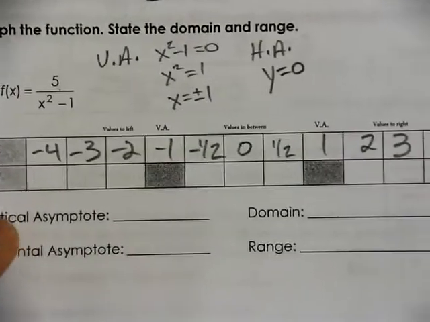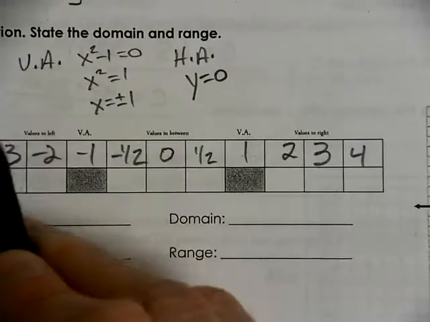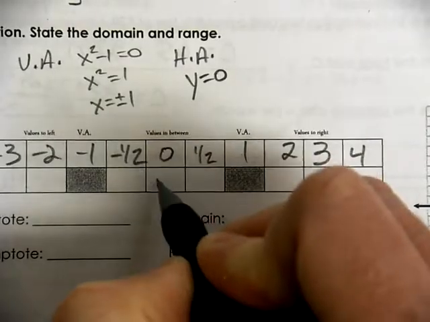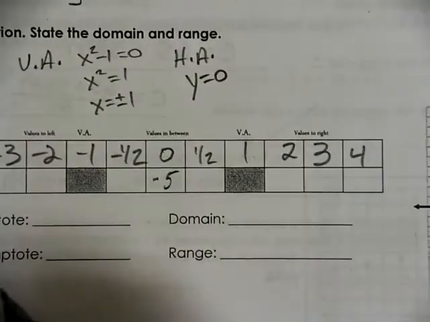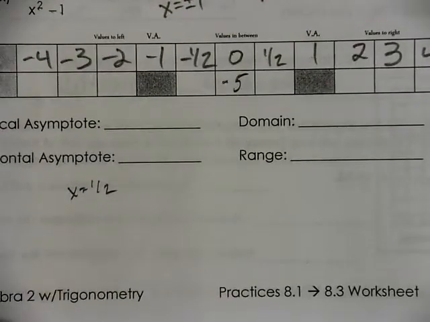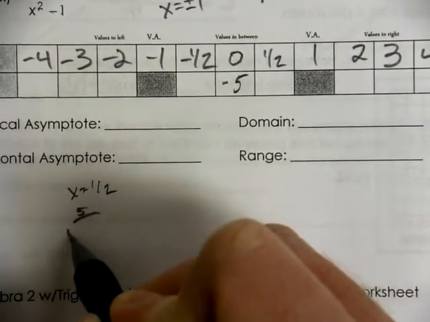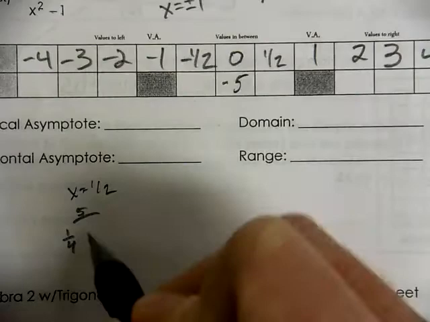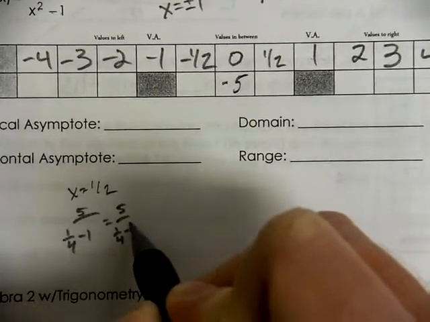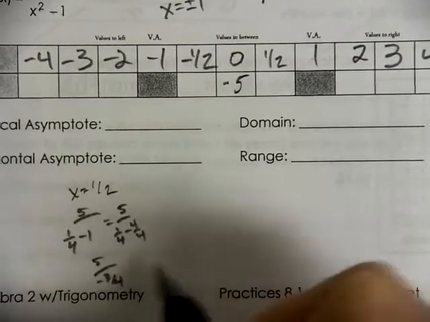When you start to do the calculations, when you plug in 0, we're going to get 0 minus 1. So 5 over negative 1 is negative 5. When we plug in a half, we're going to get 5 over a half squared, so that's 1/4 minus 1, which gives us 5 over 1/4 minus 4/4, which is 5 over negative 3/4.